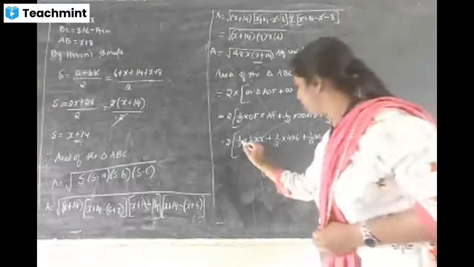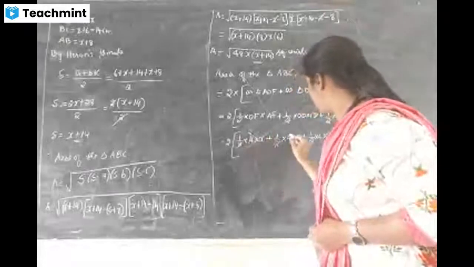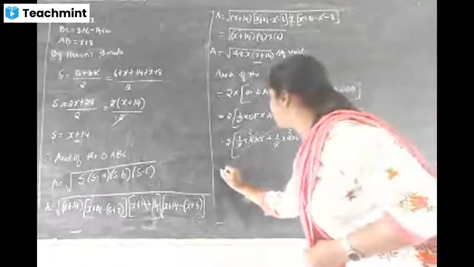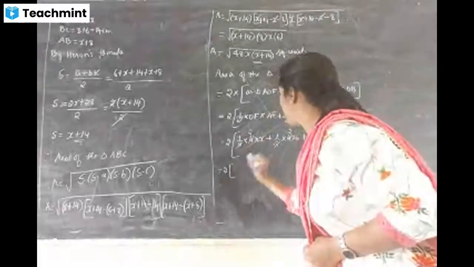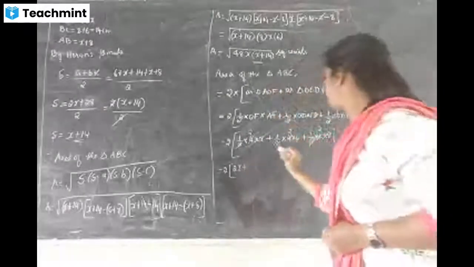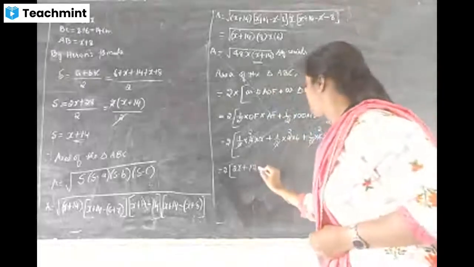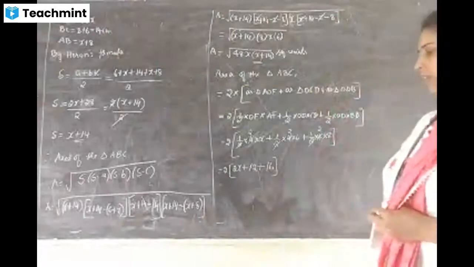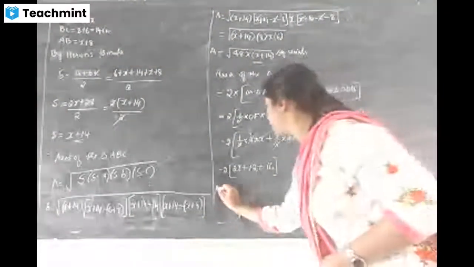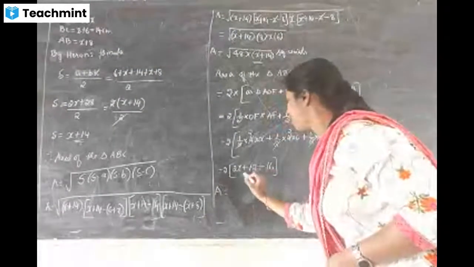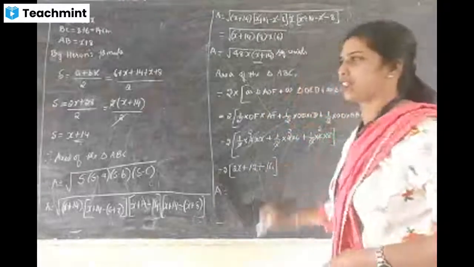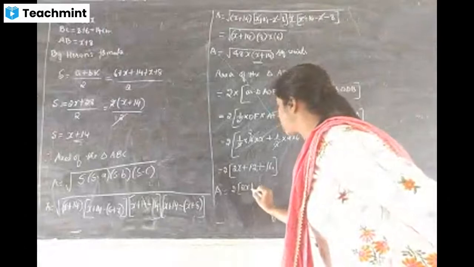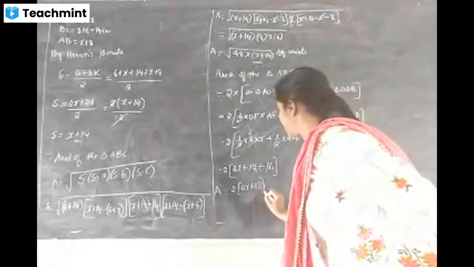We can cancel here instead of taking that denominator. Now multiply 2. This becomes 2x plus 2 threes are 6, 12, plus 2 eights are 16. 12 plus 16 is 28. 2 into 2x plus 28, isn't it?